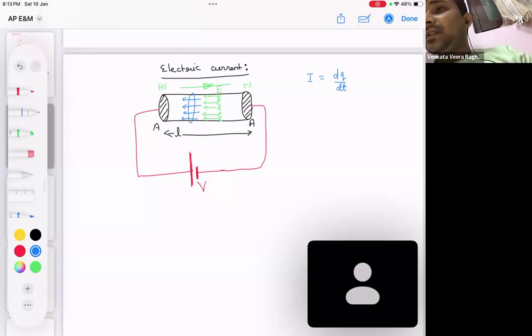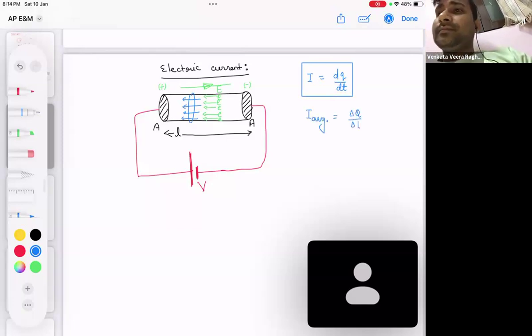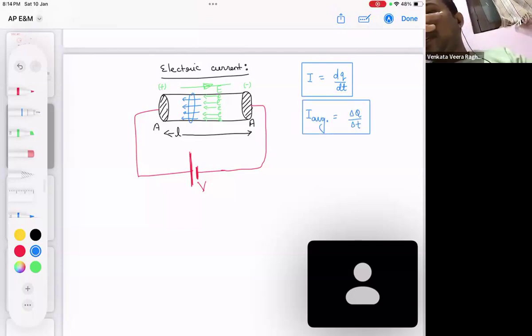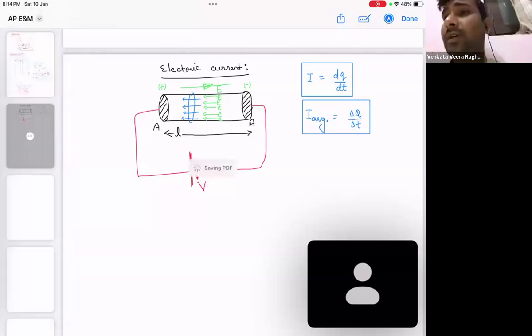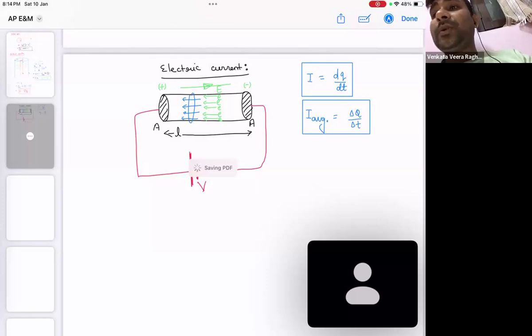This is called instantaneous current. And if you want average current, you will write delta Q by delta T. Instantaneous means every moment it will be changing, and average means the net effect over a larger duration of time.